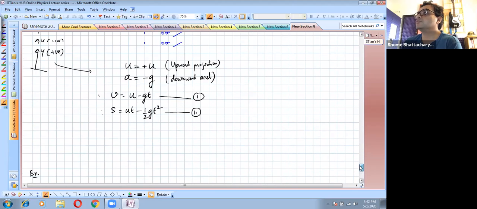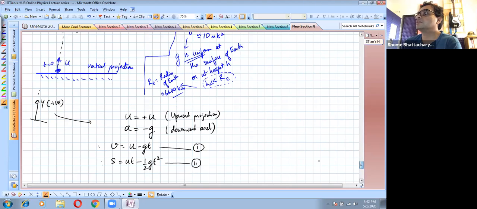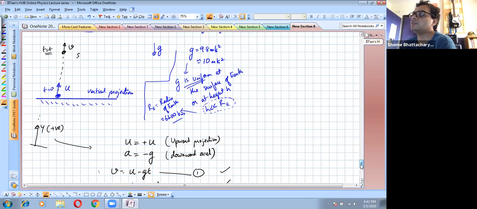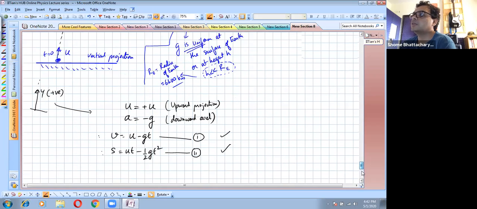So for this question now we'll be using these equations. So first I'm just showing you these equations. Okay. Now the question is already instructing you to take the value of g not as 9.8, but the approximate value of 10 meters per second square.